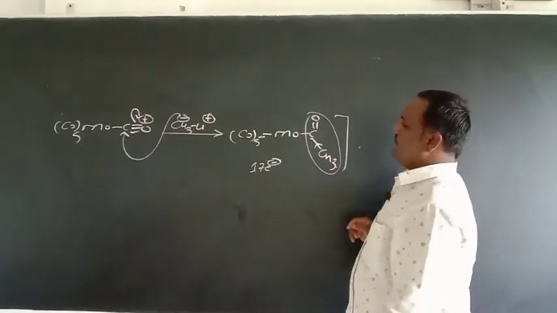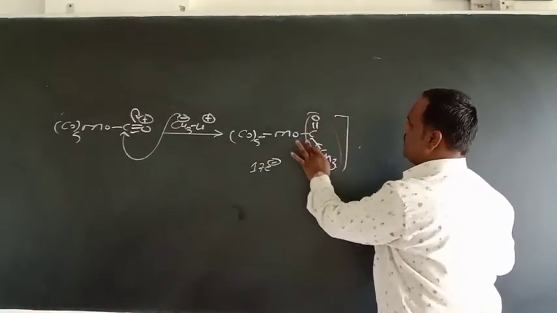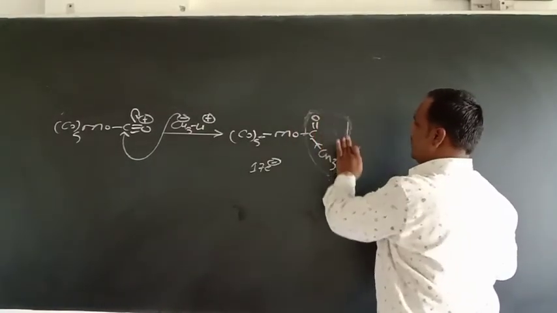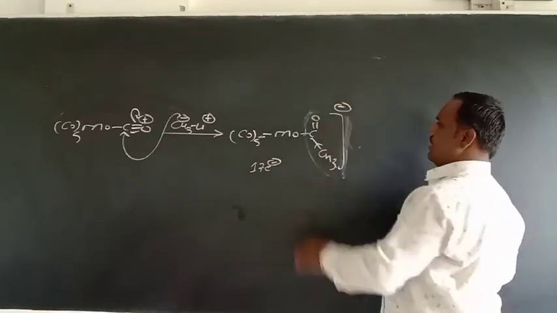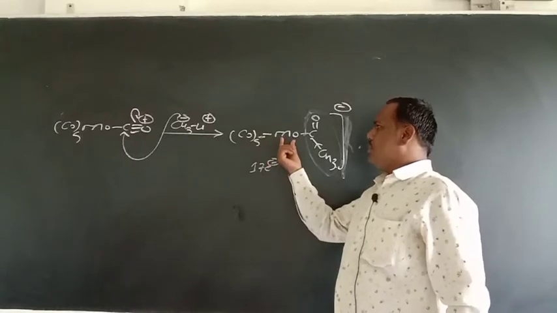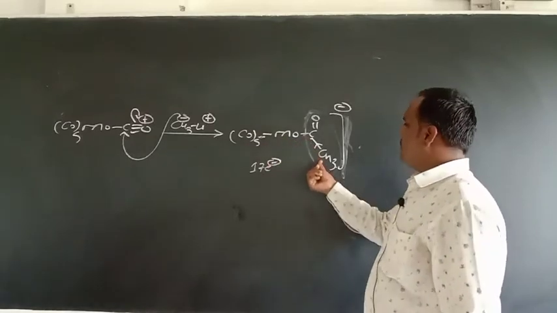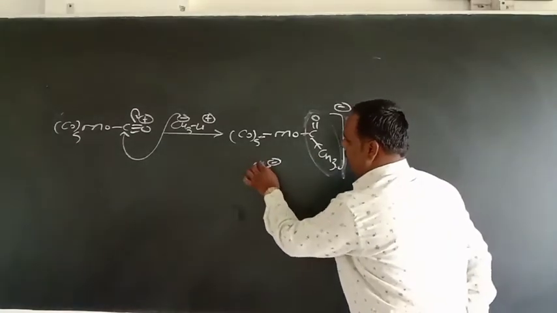So to become 18 electron, the complex should have one negative charge. That is, this carbonyl contributes 10 electrons, this molybdenum contributes 6, this C double bond CH3 contributes 1 electron and 1 negative charge. So it becomes an 18 electron species.